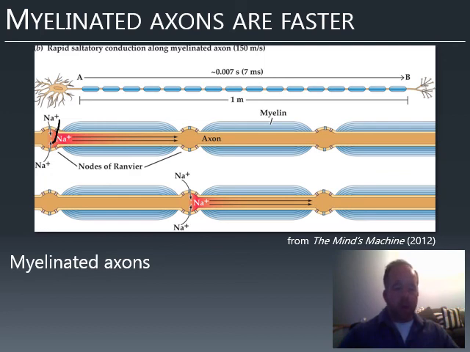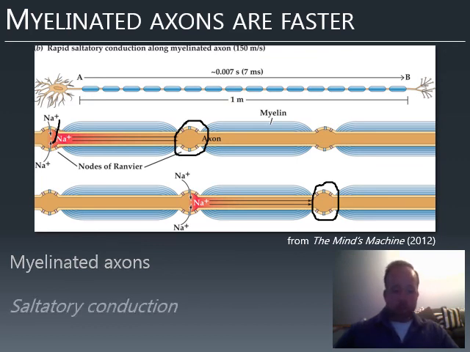There are no outlets along the way, because of this coating, that let sodium out or let potassium out, really, to compensate for the increased positive charge inside. And so what does that do? It concentrates that positive charge until it gets to the next node, and now that's going to open up all these other sodium channels. Again, sodium will come rushing in, and that'll propagate down to the next section of the axon.